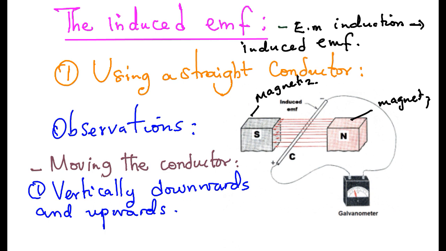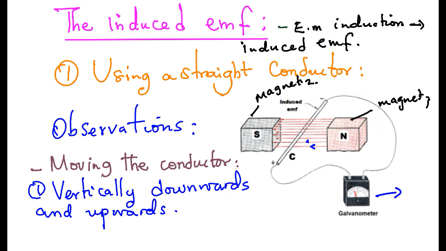We arrange them in such a way that we have the opposite poles facing one another, so that the magnetic field moves from the north pole to south pole in such a manner. We then place a conductor which is connected to a galvanometer between the two magnets and observe what happens on the galvanometer.